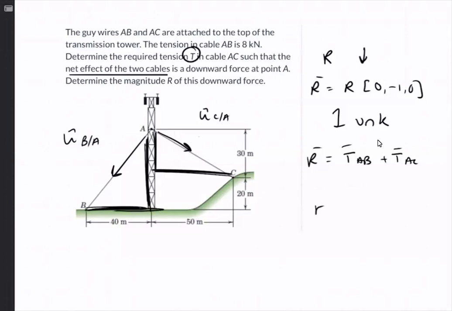I suggest that you never calculate an angle and instead use this R over R equation, where you divide the vector by its magnitude to get a unit vector. Then that unit vector will give you the components needed to break this equation into two parts and solve for those two unknowns.